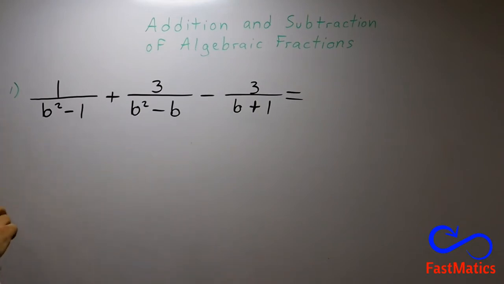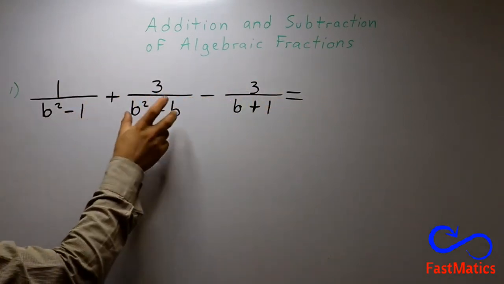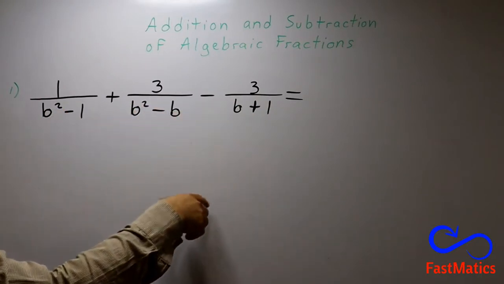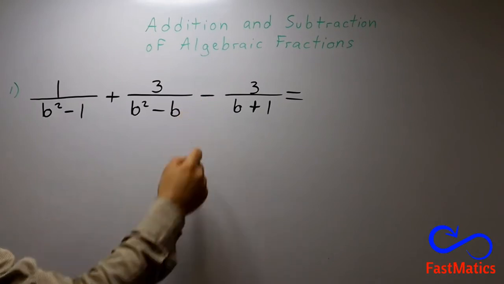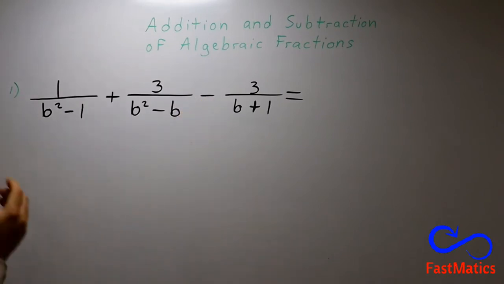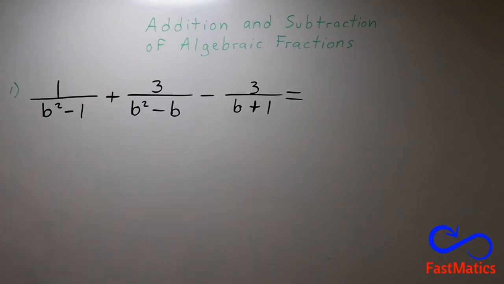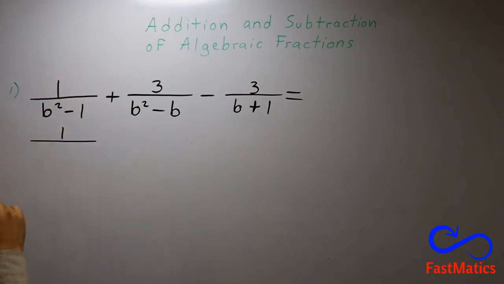So, first of all, before starting, we see that we have fractions with letters in the denominator that are adding or subtracting. So, always you're going to see if you can factorize those expressions. First of all, the number 1 is the number 1. You can't do anything.